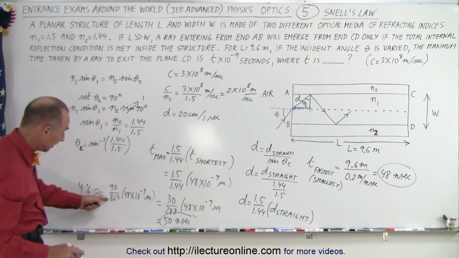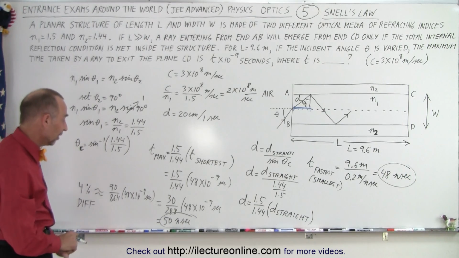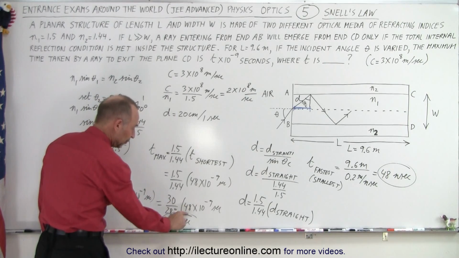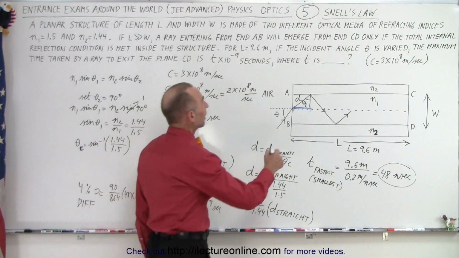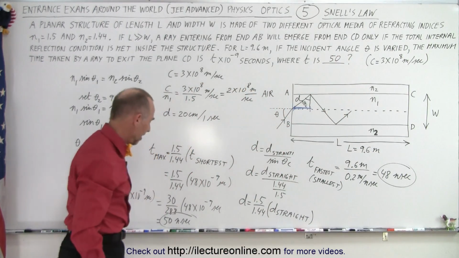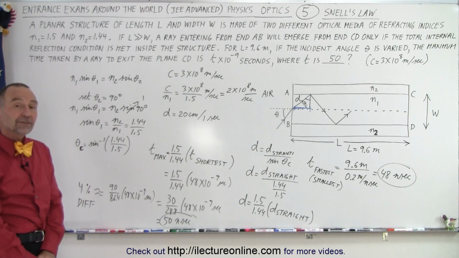If I make that 100, then this will be about 96 or close to it. So it's about a 4% difference. What's 4% of 48? That's about 2. Add 2 to 48 is about 50 nanoseconds. So I would say that T is about 50. And it turns out that's probably pretty close to the answer.